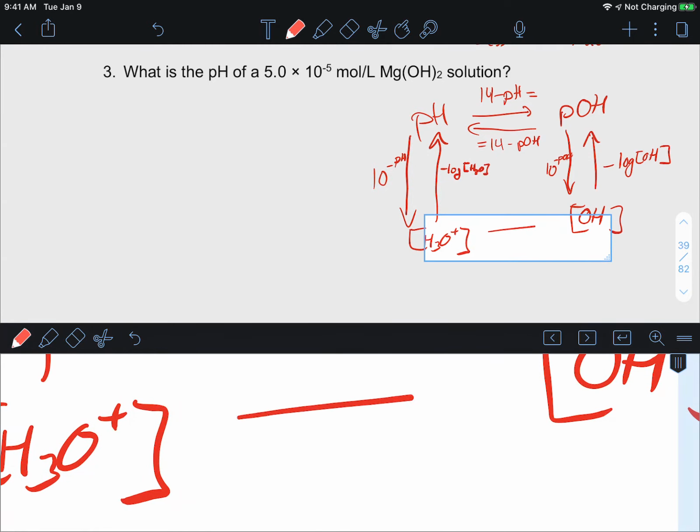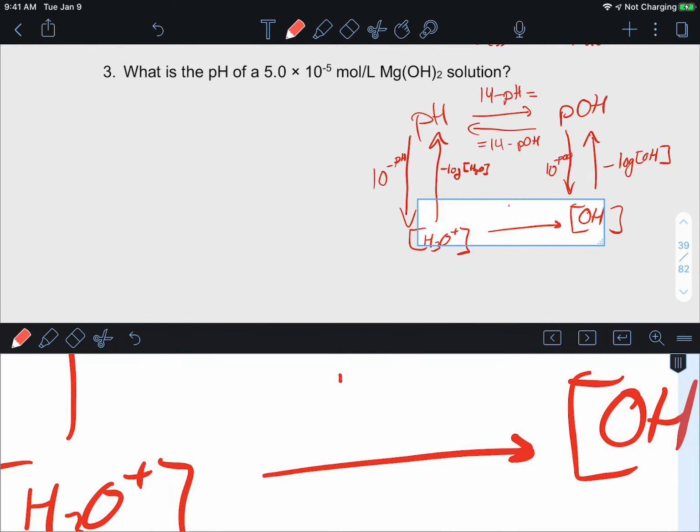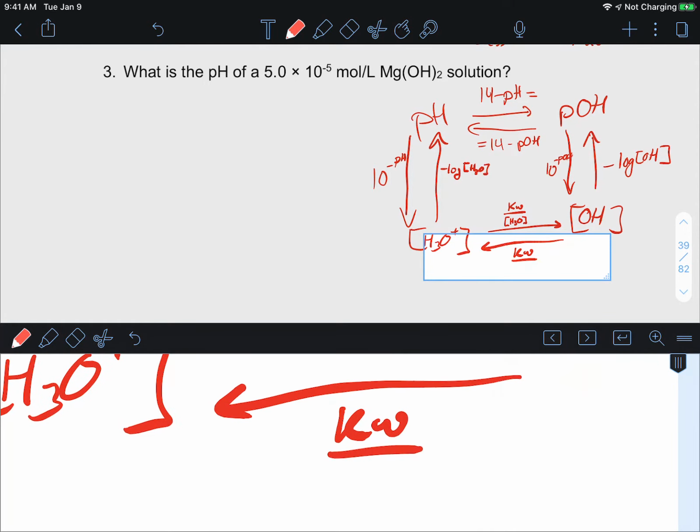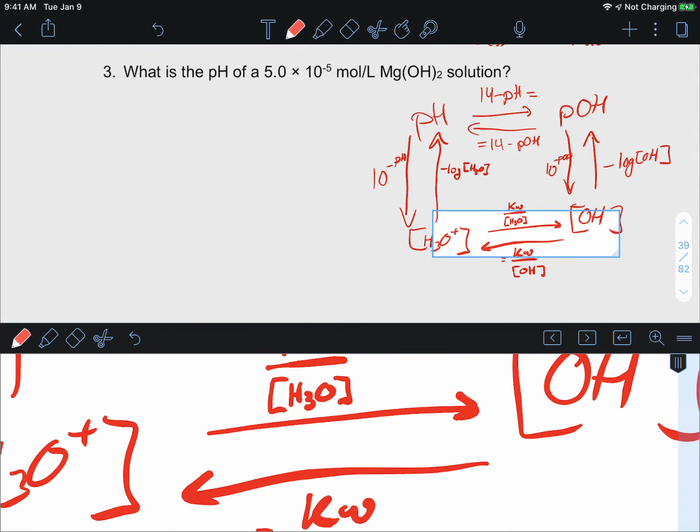And you can convert between these two by taking either the Kw divided by the concentration of H3O, or you can take the Kw and divide it by the concentration of OH to get this value.